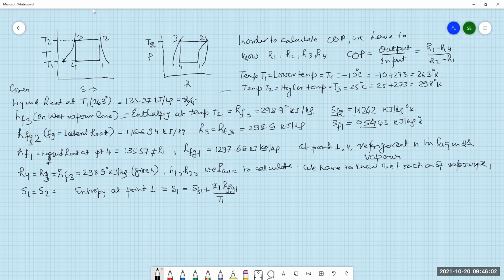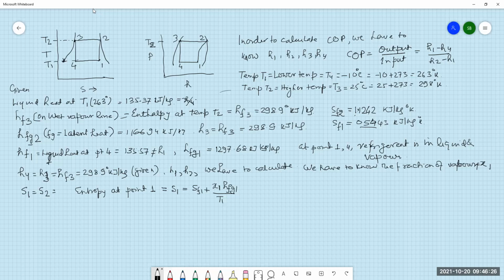Here we know the liquid state enthalpy, plus x1 multiplied by HFG, the latent heat at point 1 itself.